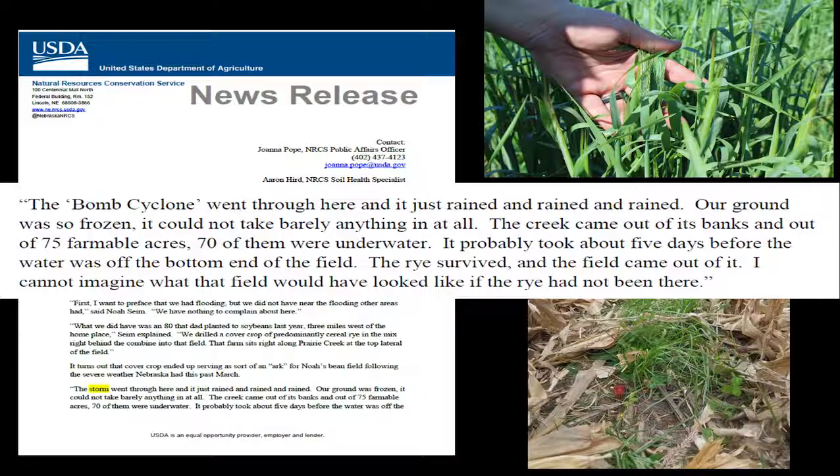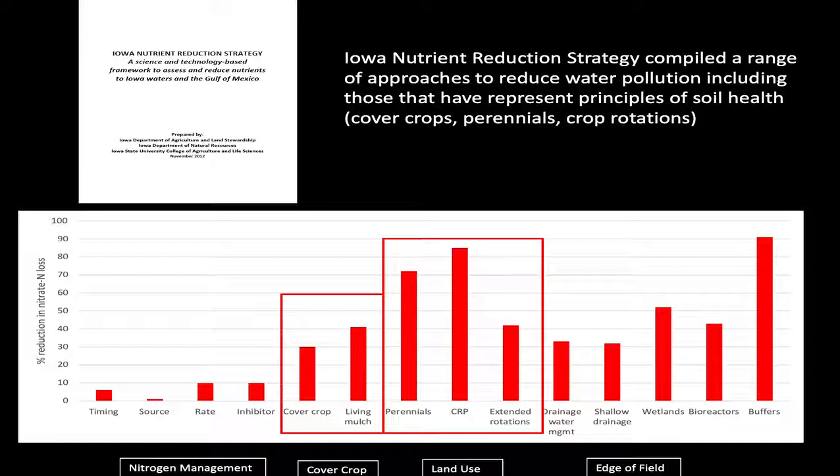But I just want to wrap up talking a little bit more about water quality. I just have another slide or two here. I got my PhD at Iowa State University, and while I was there in 2012, the nutrient reduction strategy was released, and they still have this table in there that I think is a really nice summary of different nitrogen approaches.